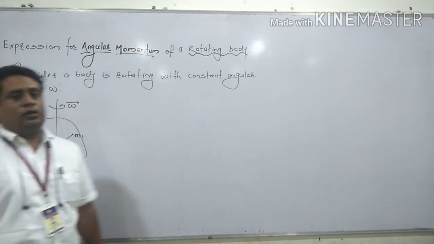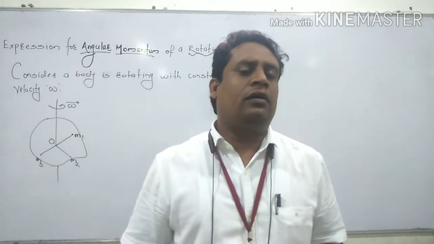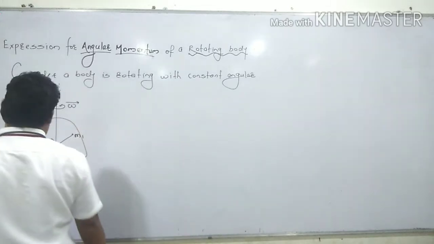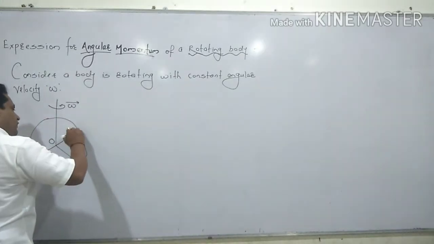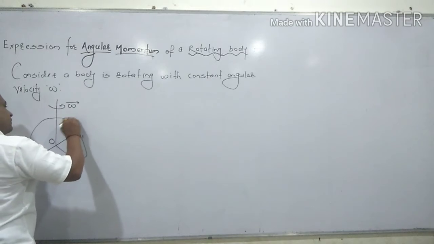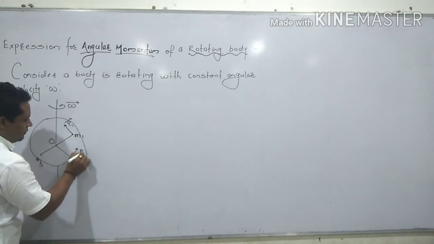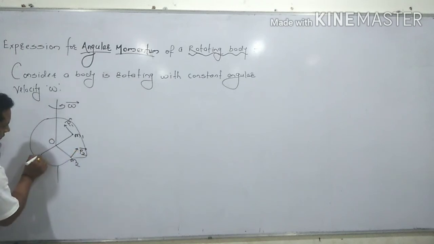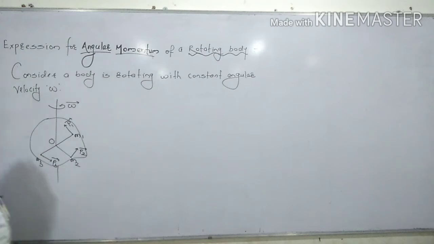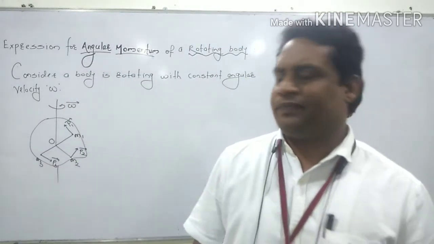When the body is rotating about its own axis, then each and every particle of the rotating body possesses circular motion. That means it possesses linear velocity. The direction of linear momentum we can show like this. It shows tangentially.